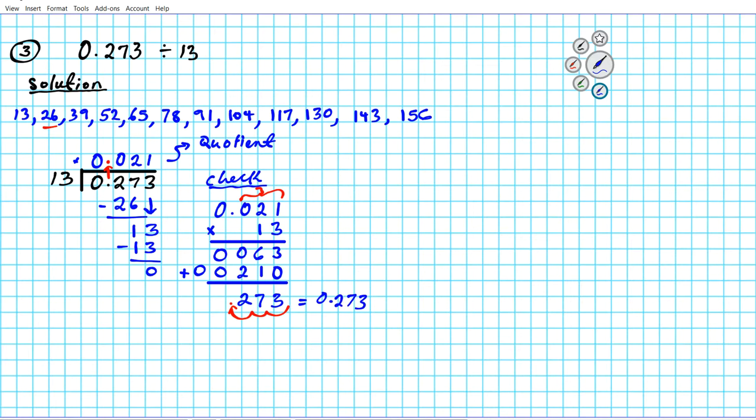Does this match our dividend? Absolutely, it matches. So we have a check mark. Our answer is correct. Let's go ahead and write down our solution statement. 0.273 divided by 13 is 0.021. Bam. There goes the answer to question number 3.